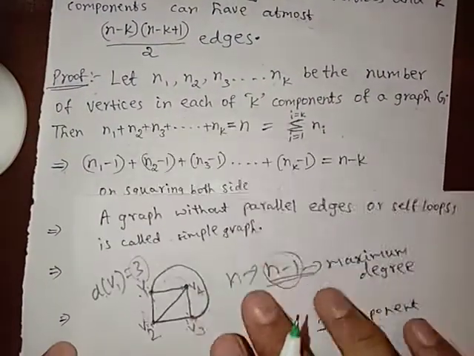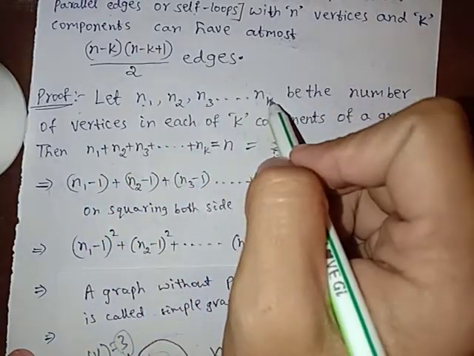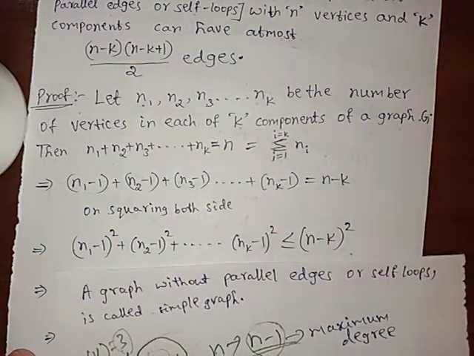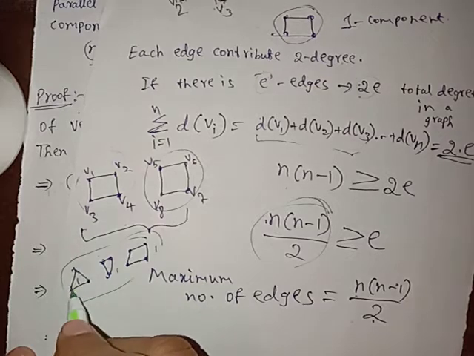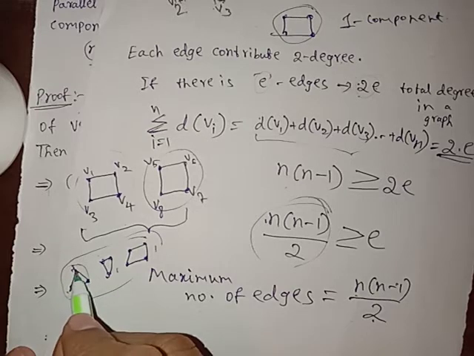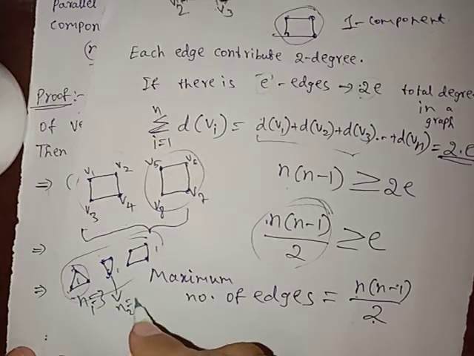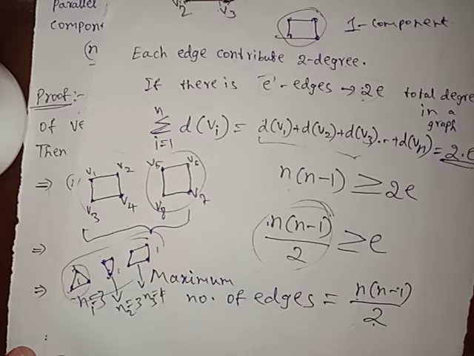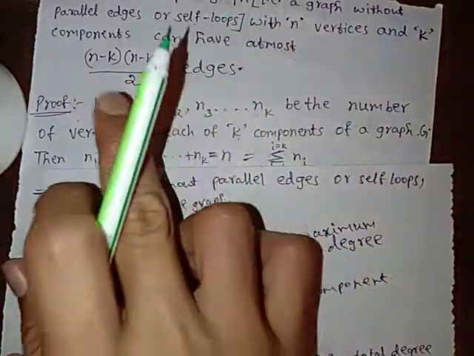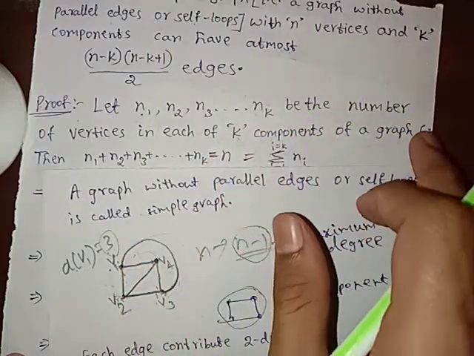Now we have to prove this theorem. Let n1, n2, n3 up to nk be the number of vertices in each of the k components of a graph G. Here the number of vertices n1 is equal to 3, n2 is equal to 3, n3 is equal to 4.